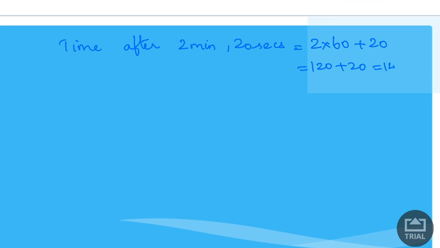So what is the time after 2 minutes 20 seconds? 2 into 60 plus 20 is equal to 120 plus 20 is equal to 140 seconds. The time taken for one revolution is 40 seconds.